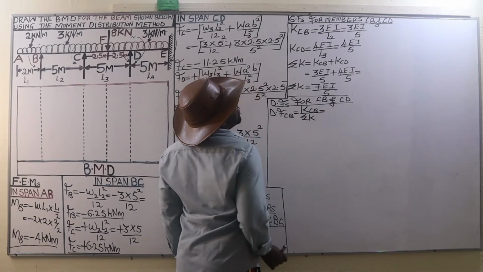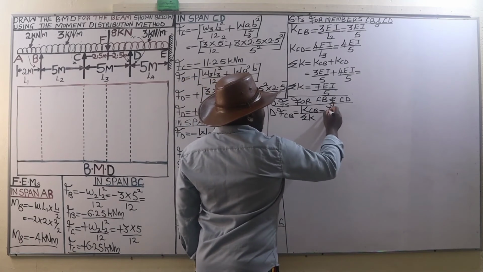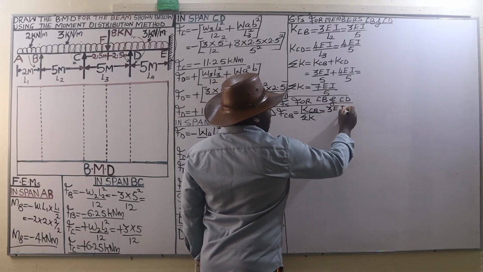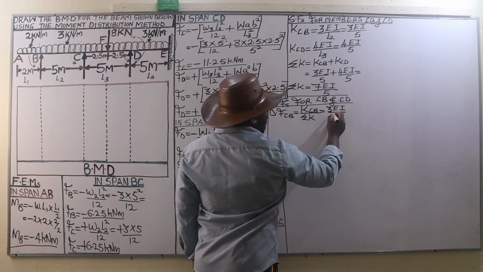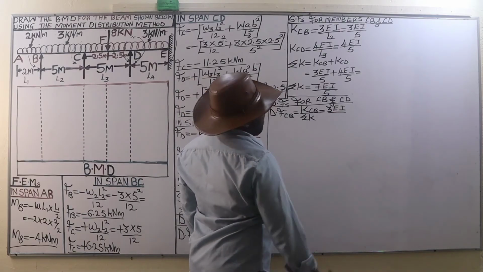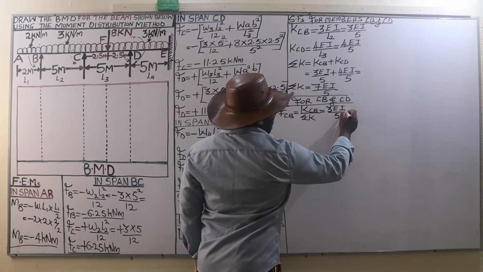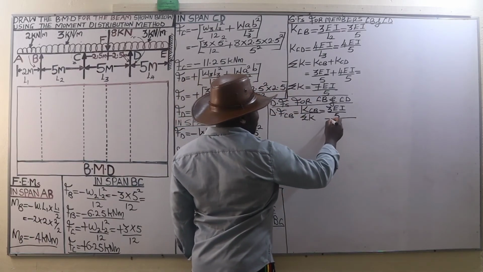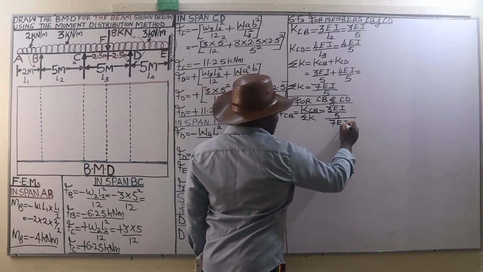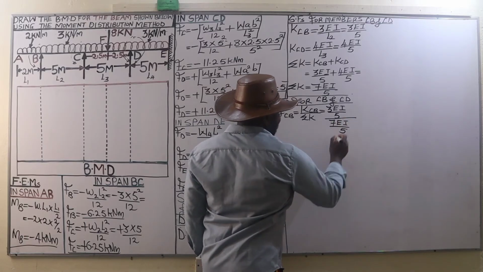This is 3EI divided by 5, the stiffness factor for member CB which we got here, divided by the summation of K, which is 7EI divided by 5.